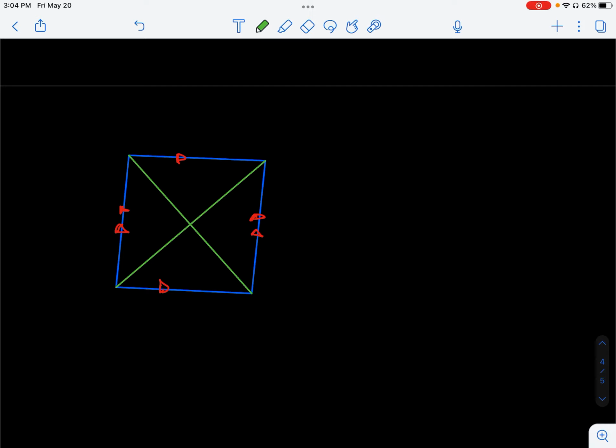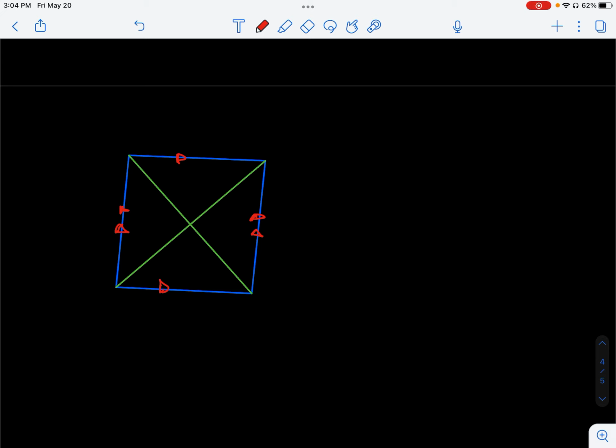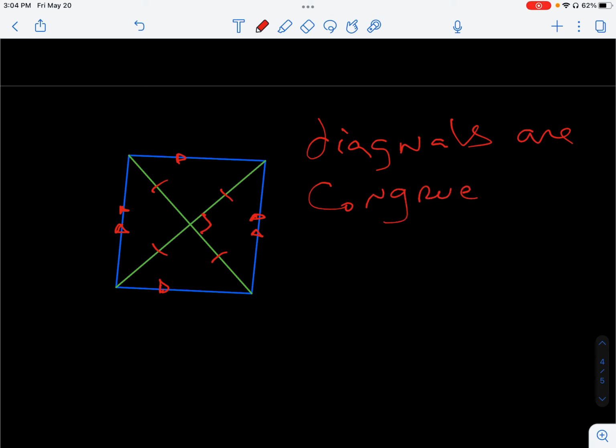There we go. So what if this is true? Well, the diagonals are congruent, so that means it's a rectangle.